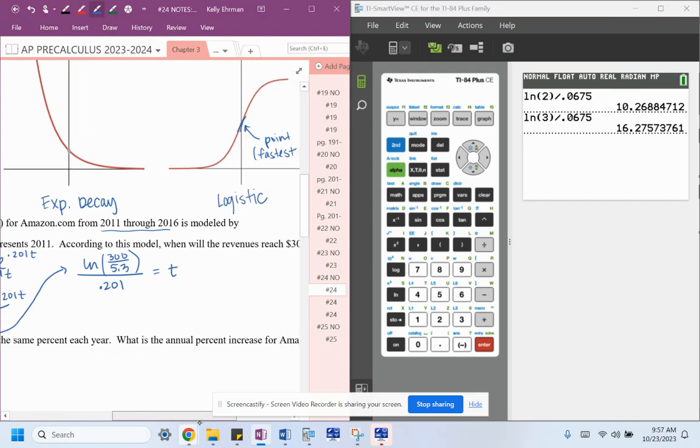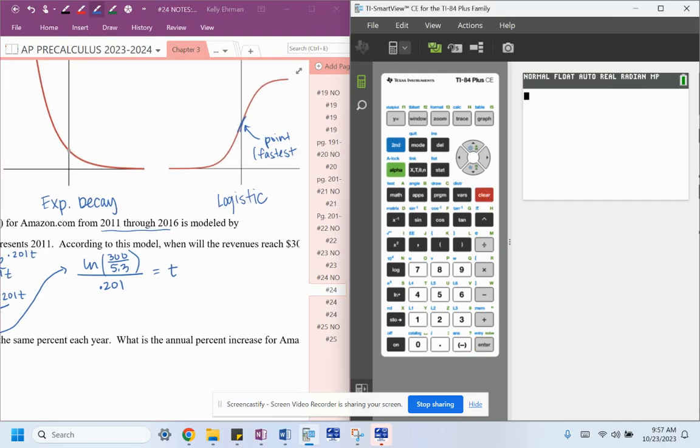All right, so we have the natural log of 300 divided by 5.3, close parentheses, that's all in the natural log. That answer will get divided by 0.201. And we'll round this to t is about equal to 20.80. Years, no, sorry, not years.